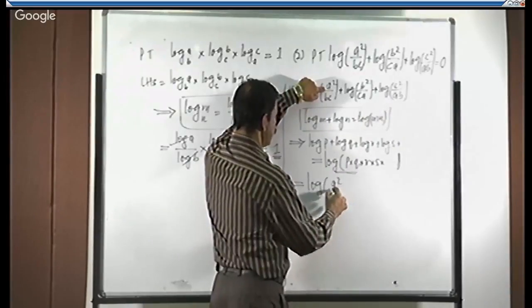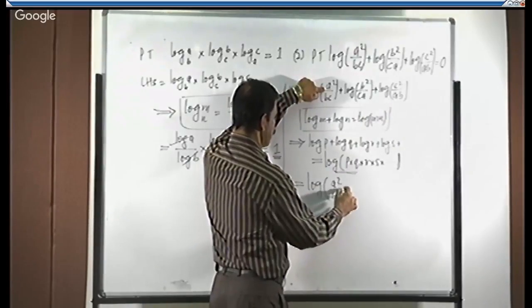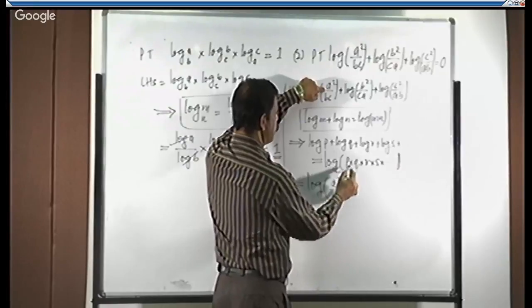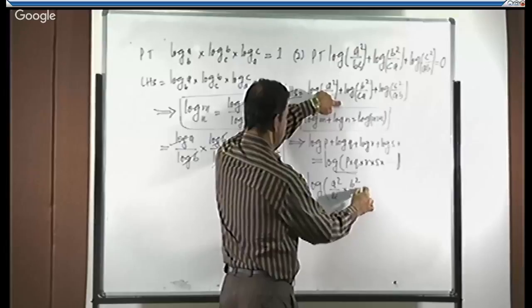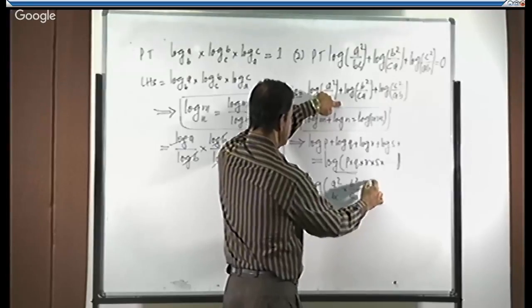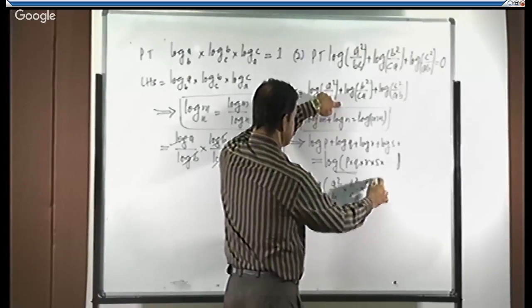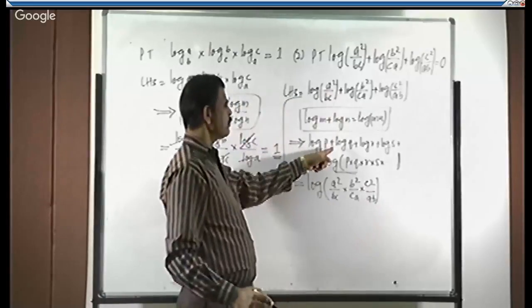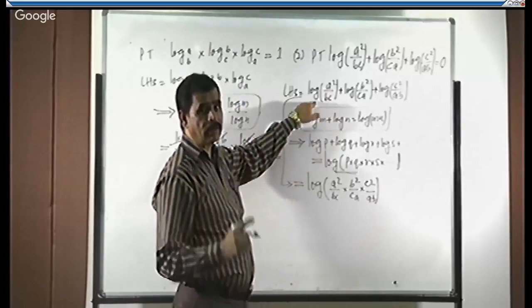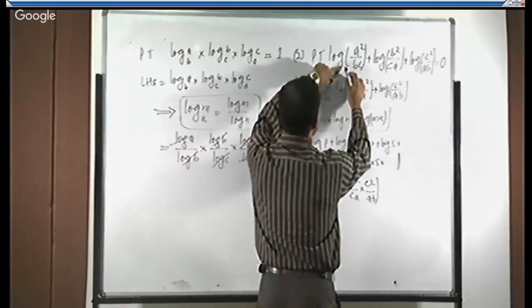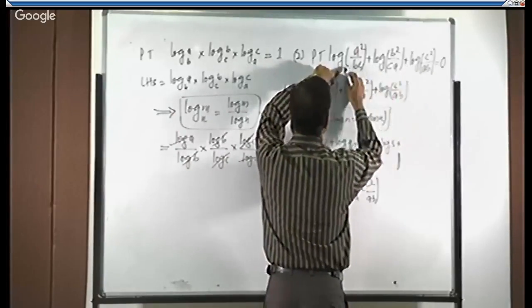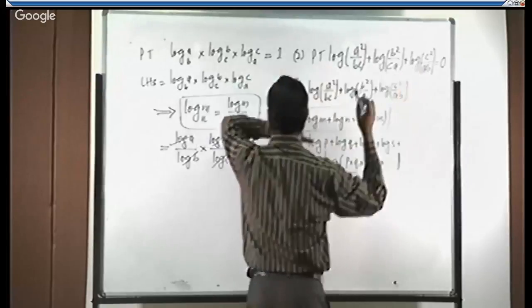It is a square by bc, into q. Q is b square divided by ca, into c square divided by ab. To apply this law, we should have the same base, a common base. See, here the base is not mentioned, right? It means all have a common base.